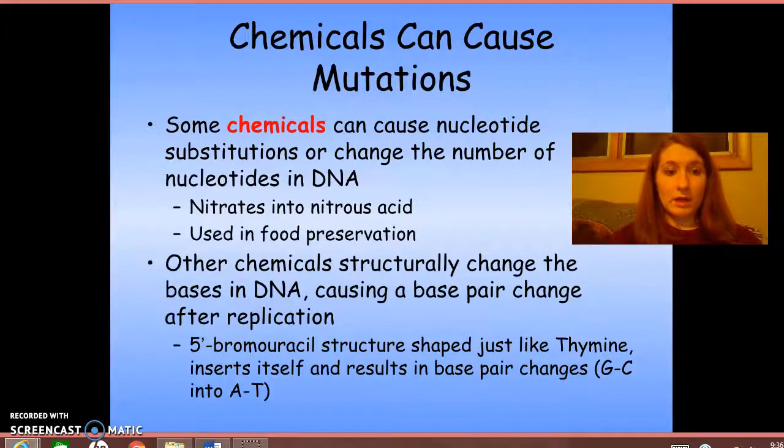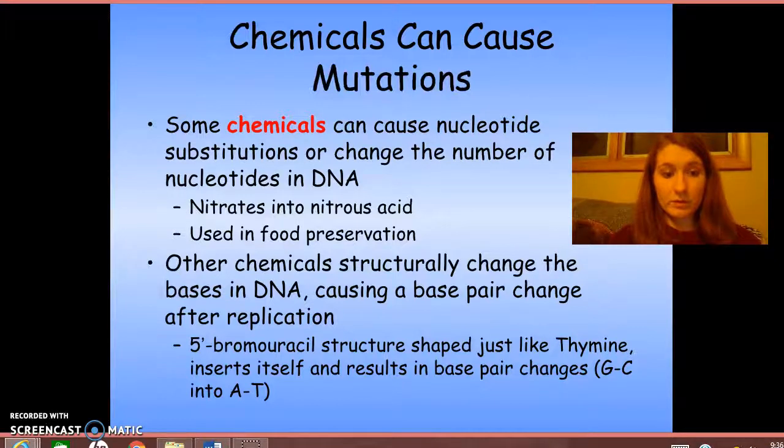Such as nitrates being turned into nitrous acid, or certain chemicals used in food preservation, which can cause different mutations in the DNA. Other chemicals structurally change the bases in DNA, causing a base pair change after replication.